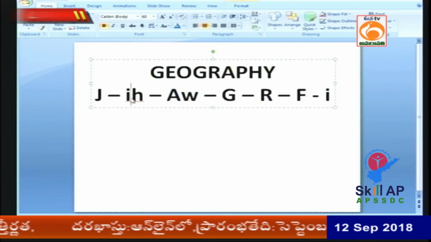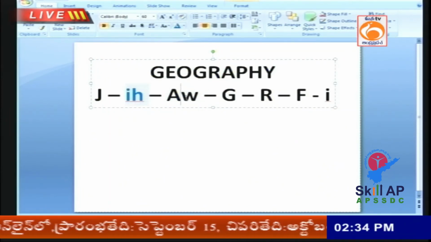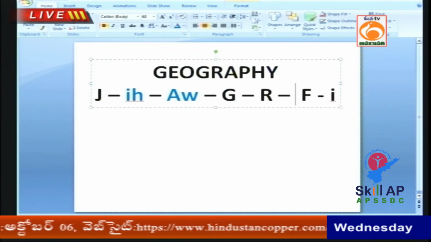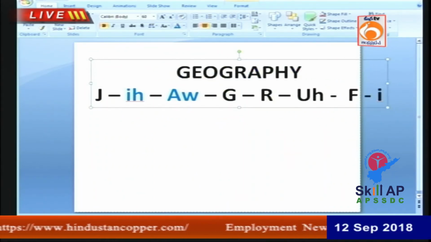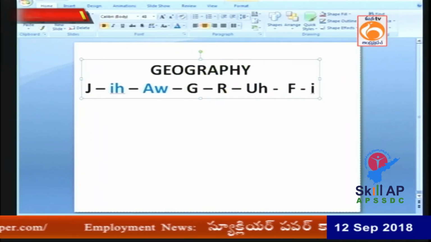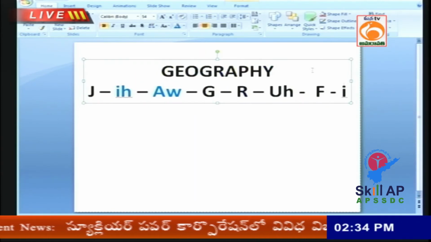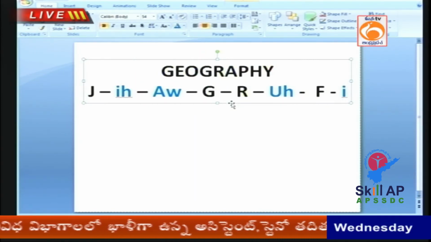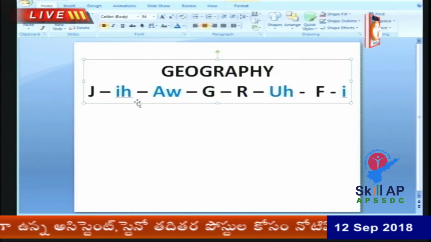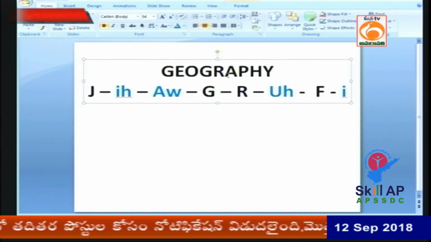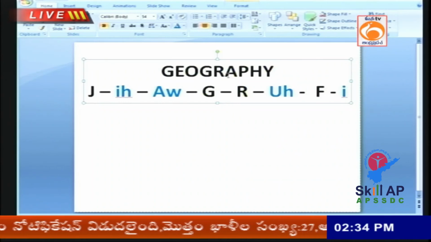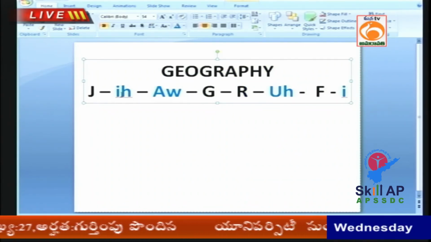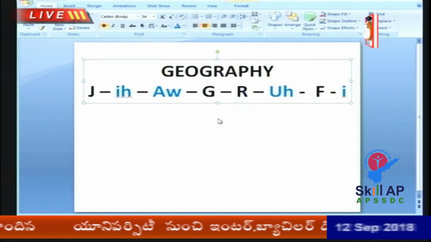So we have 1, 2, I missed one, 2, 3, 4. So I have 4 vowel sounds here, and if I break this as geography in 3, that means I'm making a pronunciation mistake, which means I'm missing one particular vowel sound.